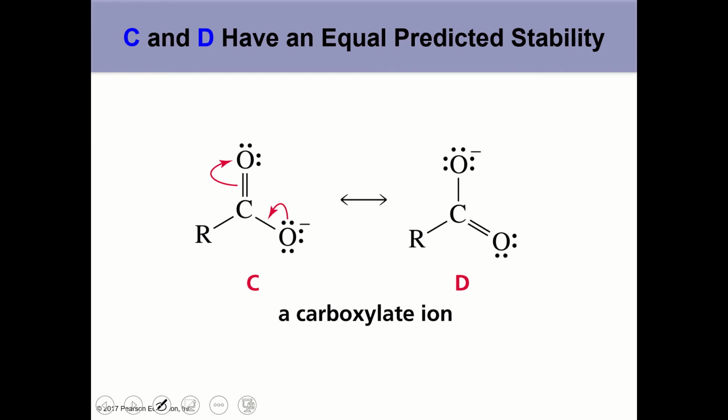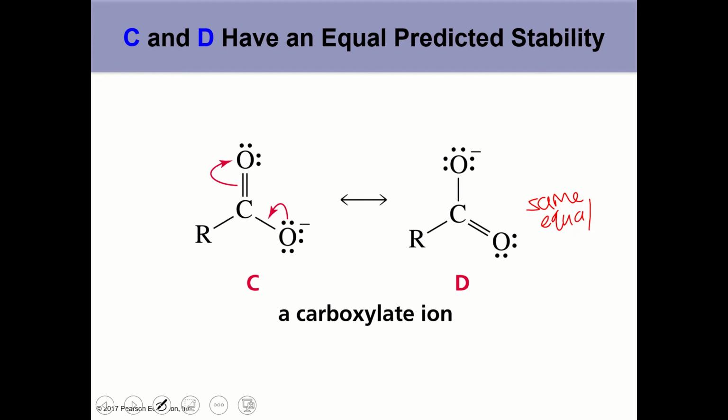They both have a negative charge on oxygen. They have a pi bond between carbon and oxygen. In essence, they are essentially the same thing, as are all the resonance contributors, but they have the same electron distribution characteristics. And so the resonance structures are of equal stability.